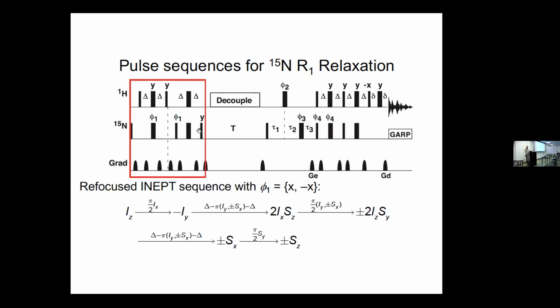And then the next piece refocuses the antiphase magnetization into in-phase magnetization, and the final pulse puts the magnetization on either the plus or minus Z axis. And it's convenient to do that because, again, that will end up canceling the long time value, the NOE, so that the decay curves will go to zero. So we have one fewer parameter to fit when we do this.